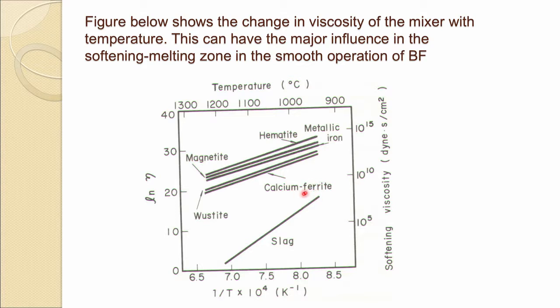So, that can easily flow, and what you need, you need also quite a good viscosity in that one. So, as soon as its fusion occurs, materials should flow through the coke voids and will offer less resistance to the gas. So, high temperature properties of the materials are also very important.